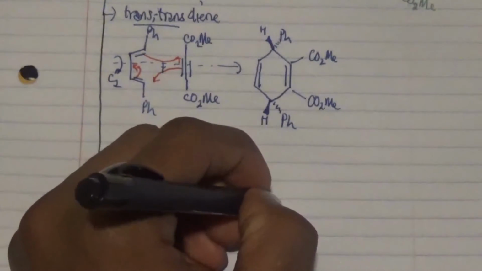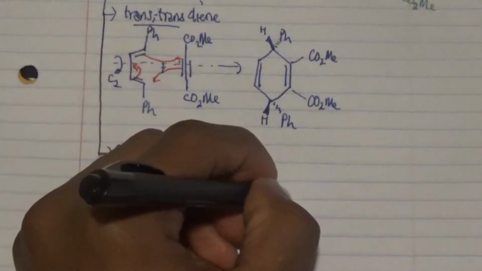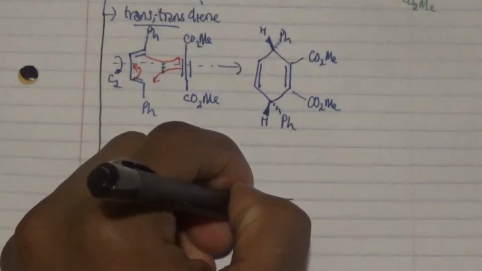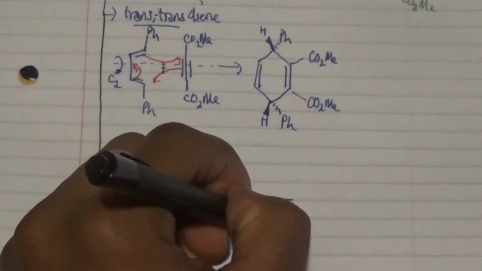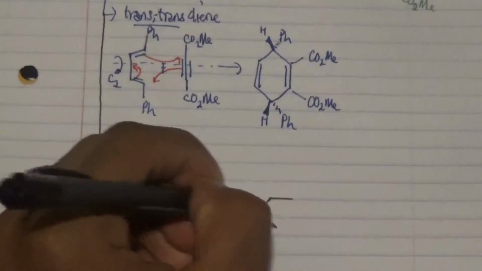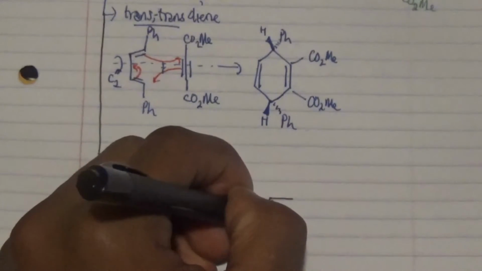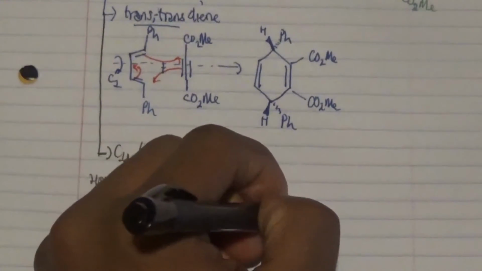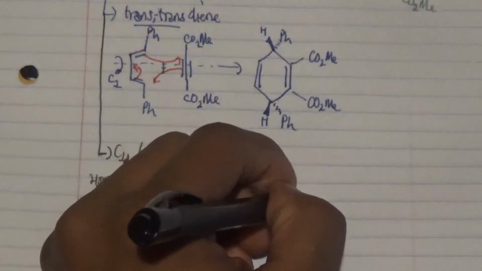We get our product, which is going to be a tough one to draw, but I'm going to make it kind of realistic. So these are our groups, this is the double bond over here. On the other side we have a hydrogen pointing at the other side over here.